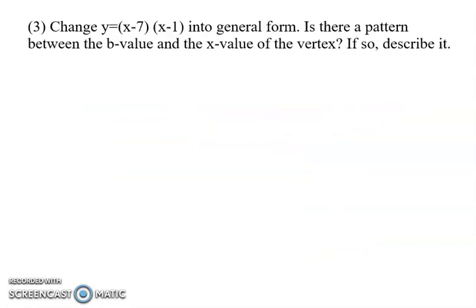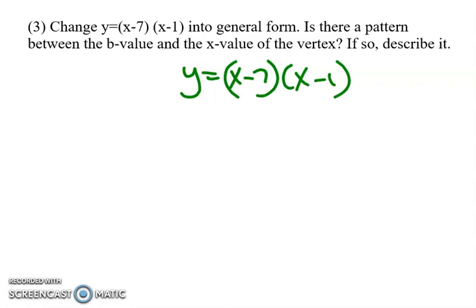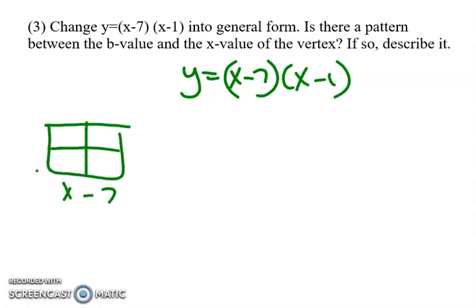The second problem, again using our generic rectangle of x minus 7 times x minus 1. So x times x is x squared, x times -7 is -7x, -1 times x is -1x, and -1 times -7 is +7.